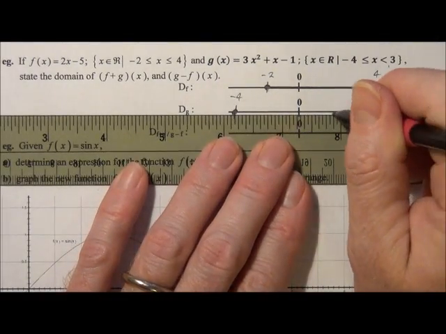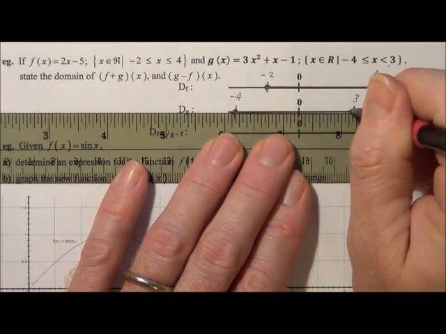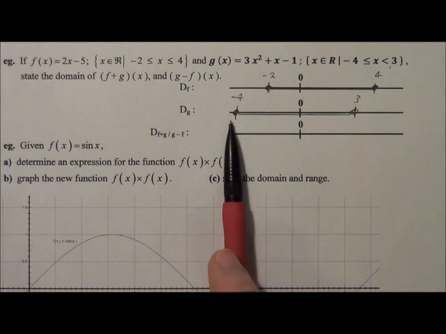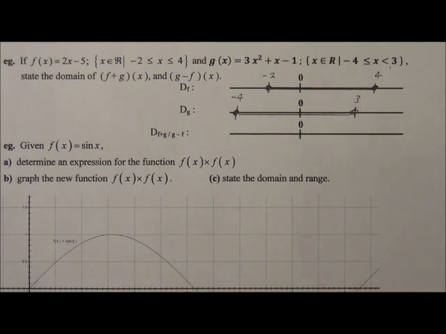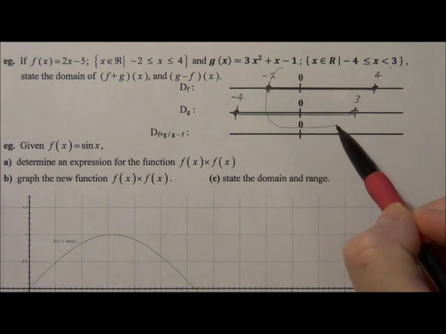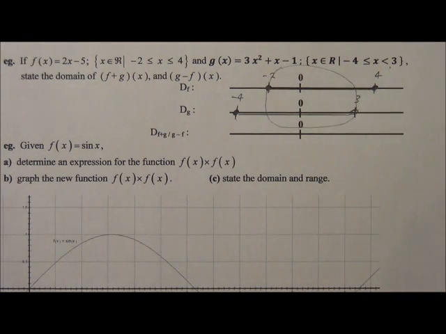And so then we'll just shade from the number line between -4 and 3, and then we see that the intersection part is between -2 and 3.